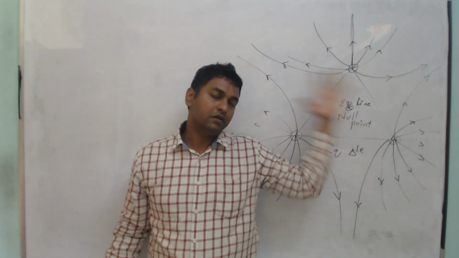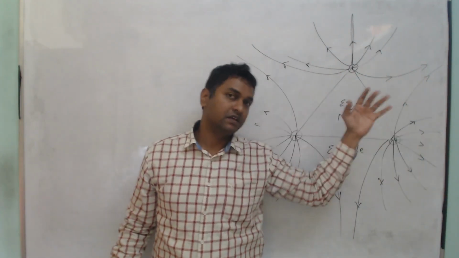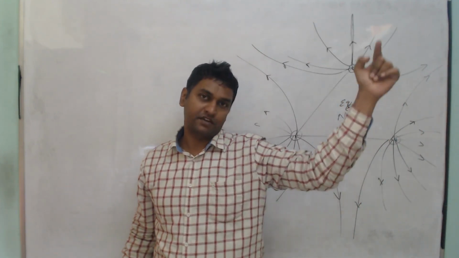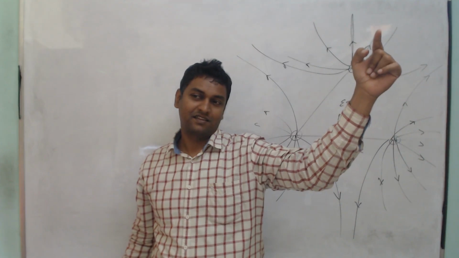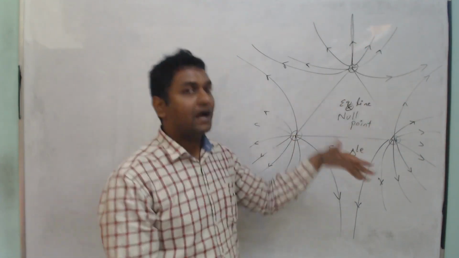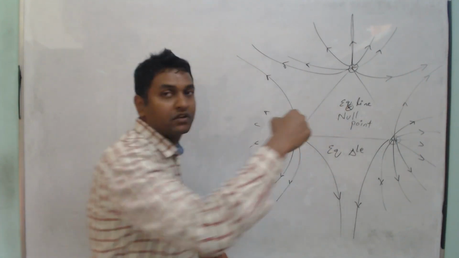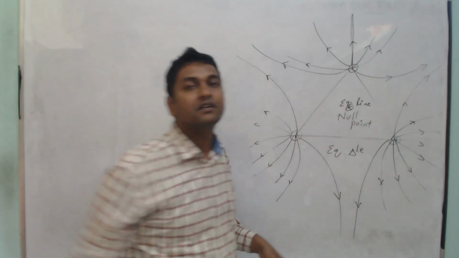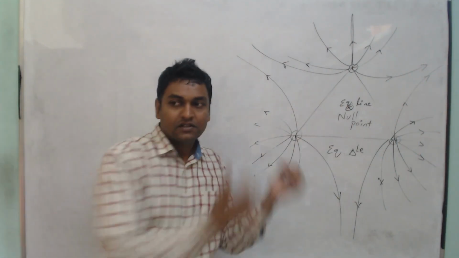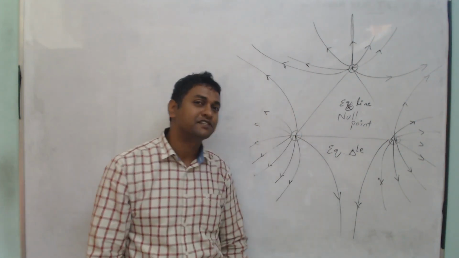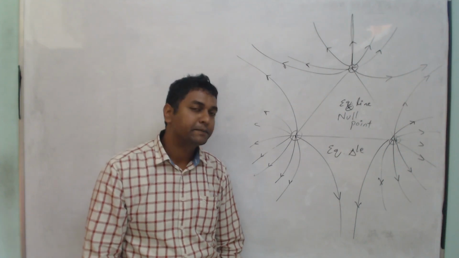Above the plane that we see, the field will be along the equatorial line, away from the null point. Behind the plane that we see, the field will also be along the equatorial line, away from the null point. So two different directions. Is this clear?